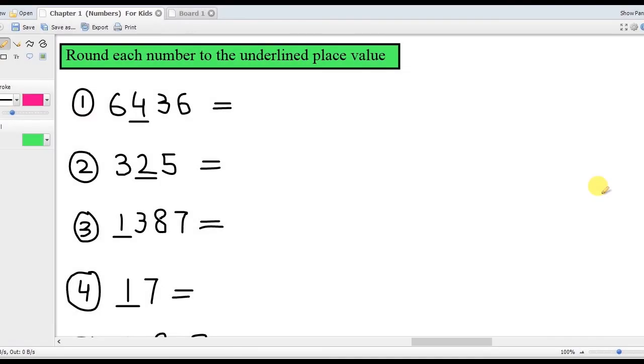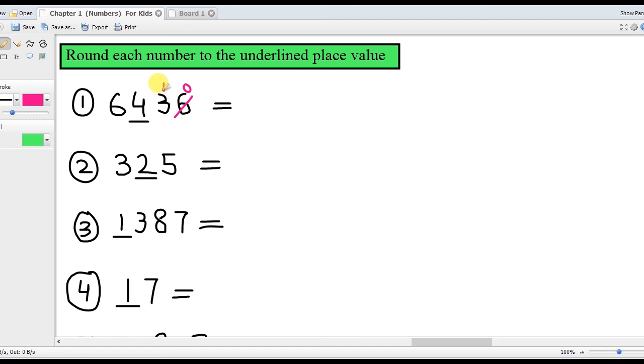Okay. Round each number to the underlined place value. So question number 1 is 6436. We have to round it off to the underlined place value, which is at the 100 place. So this digit is 6, which is more than 5. If a number is 5 or more than 5, you have to add 1 in the previous digit and cancel that digit or write 0 here, right?